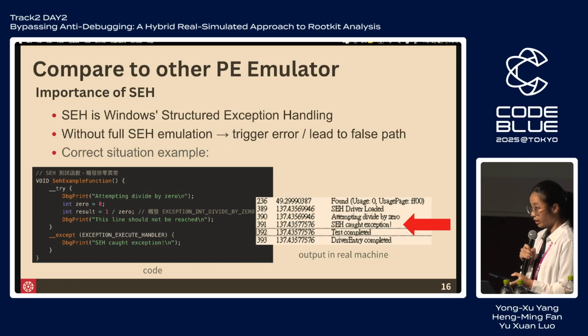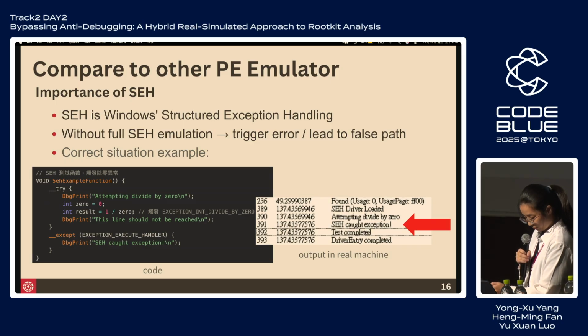Structured exception handling, also known as SEH, is the Windows exception handler. Without proper emulation, crashes or unintended paths will be triggered when facing errors. For comparison, in a desirable execution, these situations should enter the SEH exception handler, as shown on the page.